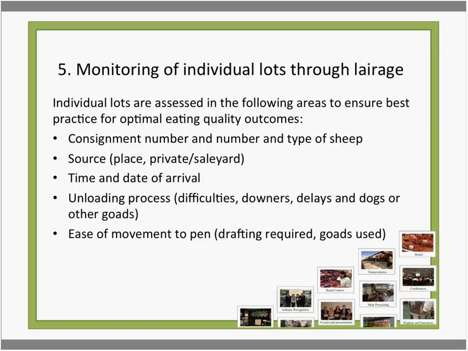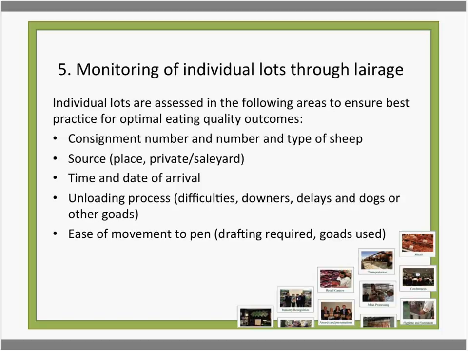I also recommend that you monitor these areas. If you are in that industry standard and being audited, you will already be monitoring a lot of them. But it's also nice to put pieces of the puzzle together around meat quality.